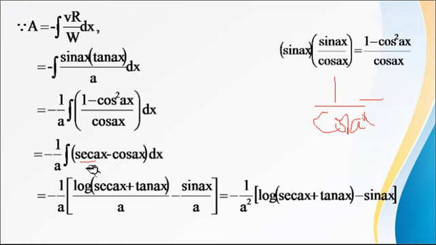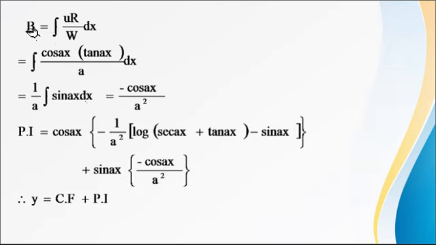So integral of sec ax, that is log sec ax plus tan ax upon x coefficient a, minus integral of cos ax. So integral of cos ax is sin ax upon x coefficient is a. So multiply this, take this a common, a into a square into remaining value.